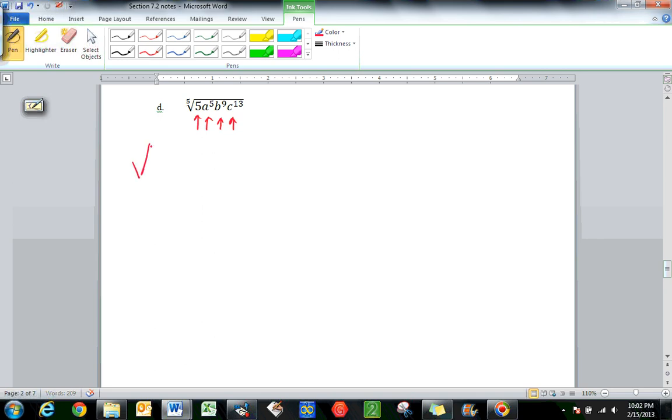So if I take the 5th root of 5, and then of course I have the 5th root of a to the 5th, and then I have the 5th root of b to the 9th, and then the 5th root of c to the 13th. You can already start to see that spreading these problems out, there are going to be some very large problems.